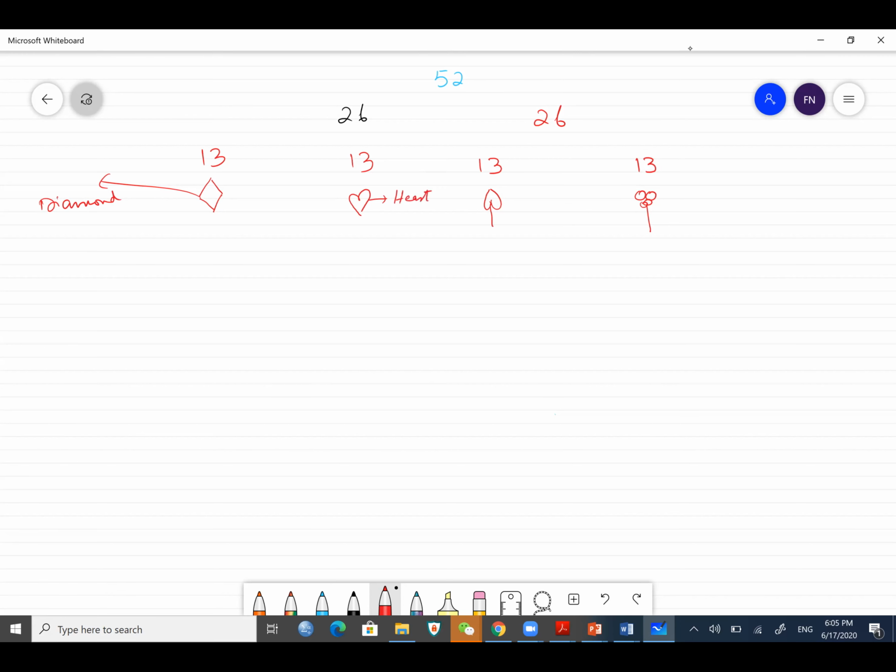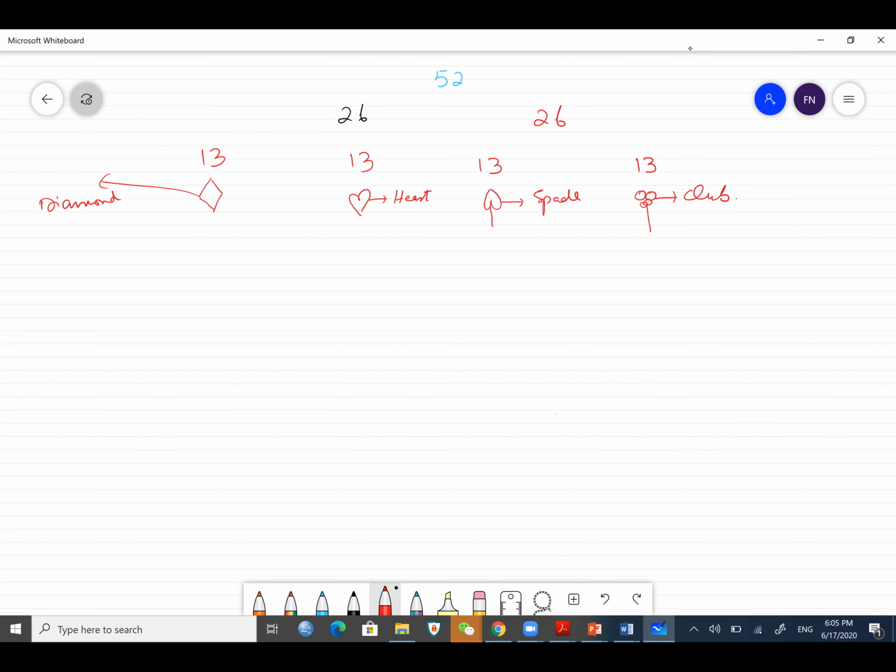This is called spade. And this is called club. I'm not sure about their names, but the signs are exactly the same. So we have 13 diamonds, 13 hearts, 13 spades, and 13 clubs. Is that clear?